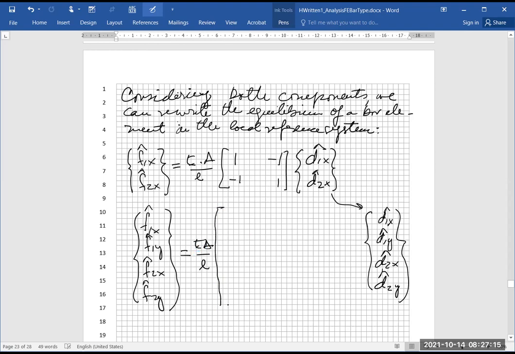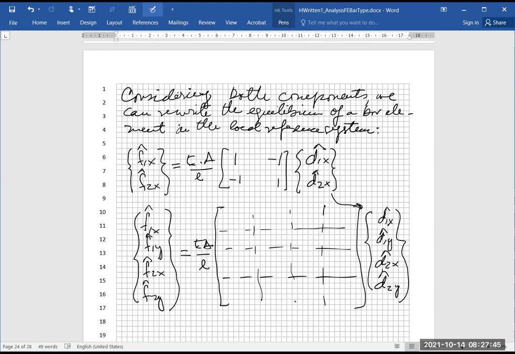but the equilibrium cannot be changed. So we have 4 rows like this, and also 4 columns. Now, remember, this is a bar. That means that this term here implies strength only to longitudinal forces.